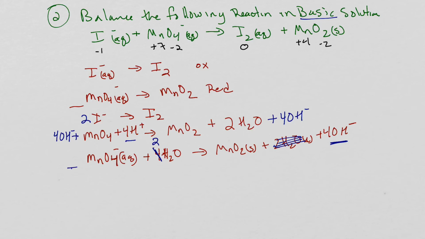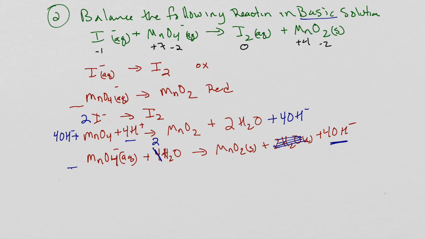So now we have our 2 half reactions that we can balance electronically. If we take our oxidation half reaction, we have a 2- charge on this side, so we need a 2- charge on this side.